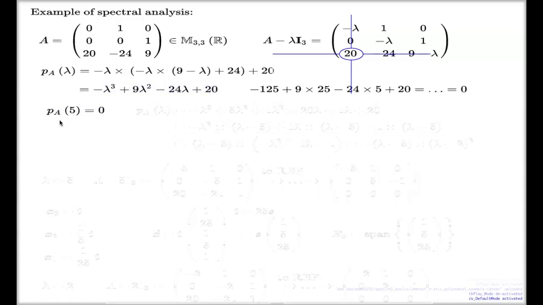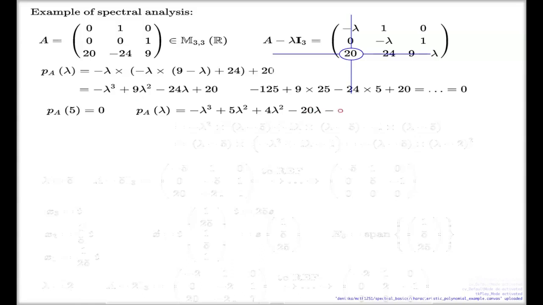So you see what happens? I know one of the eigenvalues from my previous example, and now having this eigenvalue, I can factorize my polynomial. Here's the factorization. Look at this. Here's my polynomial. I will artificially create the linear factor which carries 5 as a root. Negative lambda cubed from here. In order to create this factor, I introduce 5 lambda squared, because together these two make the factor lambda take 5. Because here we have 9 lambda squared, here's my extra 4 lambda squared, and now I'll make another artificial factor.